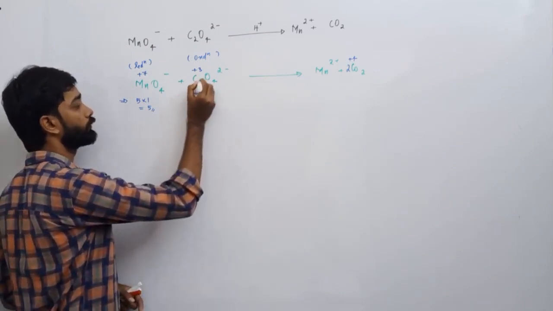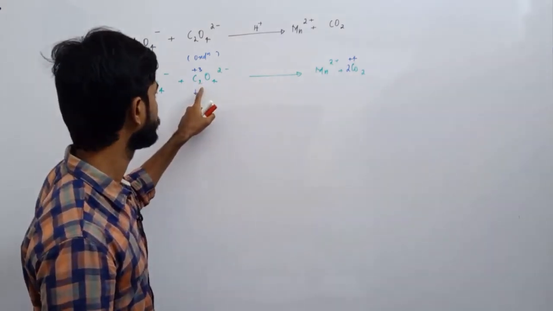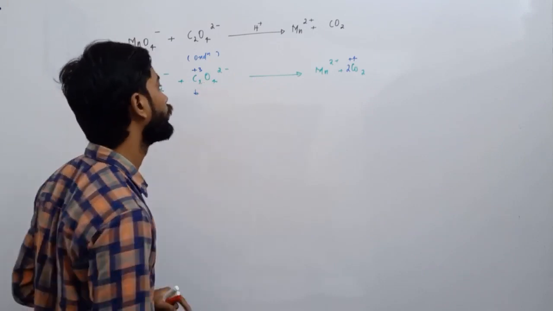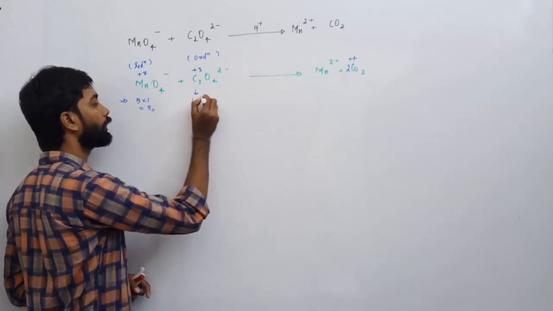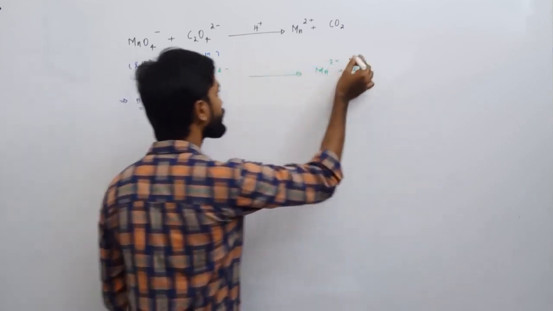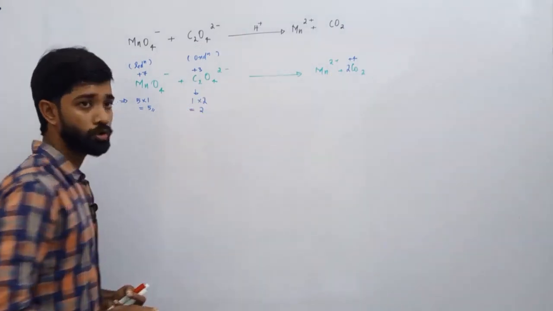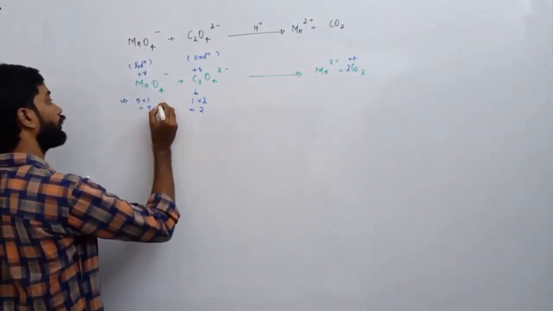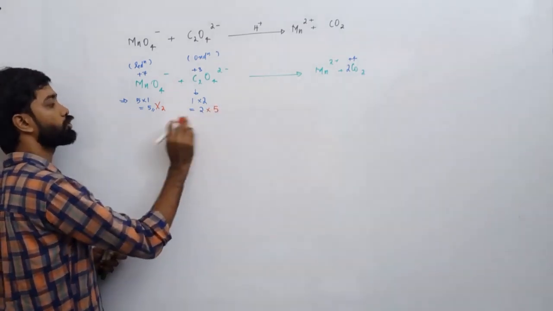What about electrons lost? Change in oxidation state from +3 to +4, that is 1 unit, and the number of such carbons is 2. So the total is 2. So 2 electrons lost, 5 electrons gained. So you multiply here with 5 and here with 2. Right? Then both become 10.